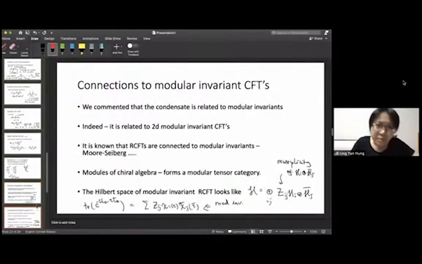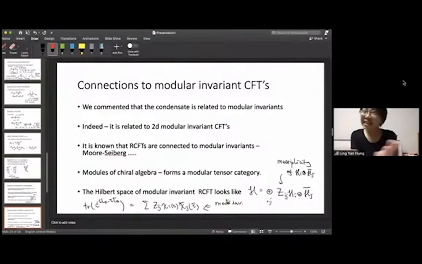But let me also say a few words before I end about its connections to modular invariant CFTs. So as I mentioned, when you look into a collection of anyons that can condense together, it is actually proven mathematically that they are in one-to-one correspondence with modular invariants, so that it becomes a gapped boundary, I should say.